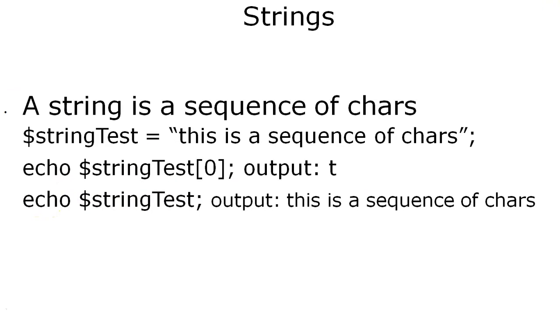We also have some more string-related functions, and we can use a string like an array. This is a string variable, a sequence of characters. If we print the string text, it will print the same sentence stored in this variable. Or if we write string text at position 0, it will return the first character, which is t.